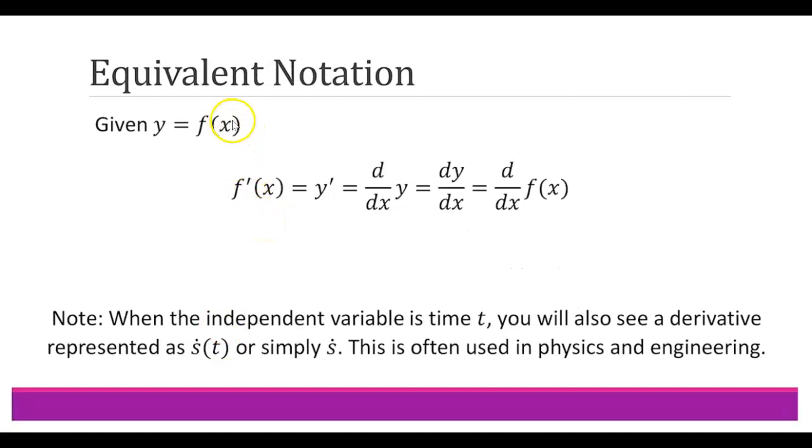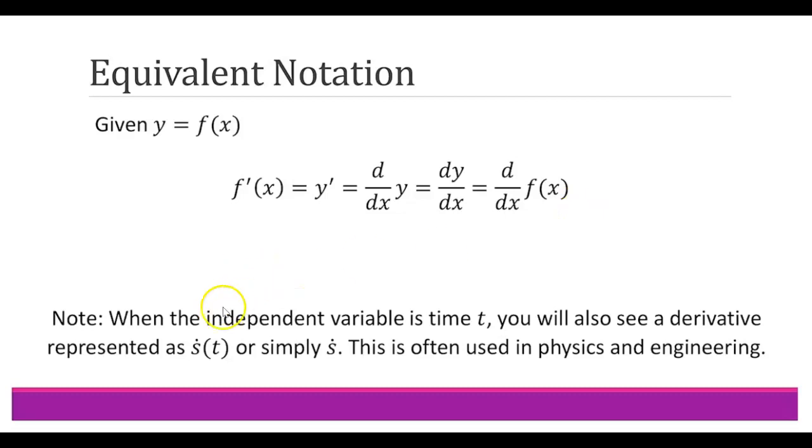To be clear, all of these are equivalent notation. So given y equals f of x, we could see f prime of x, y prime, d dx of y, dy dx, or even d dx of f of x. All of these are equivalent notations, but there are other forms of derivative notation.